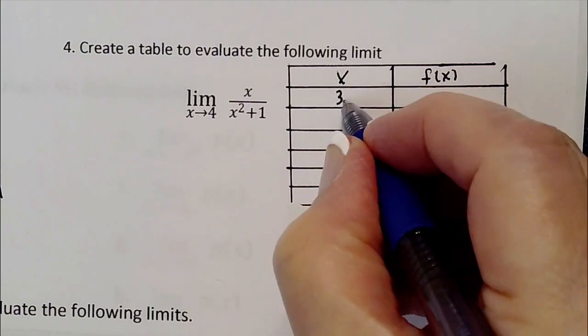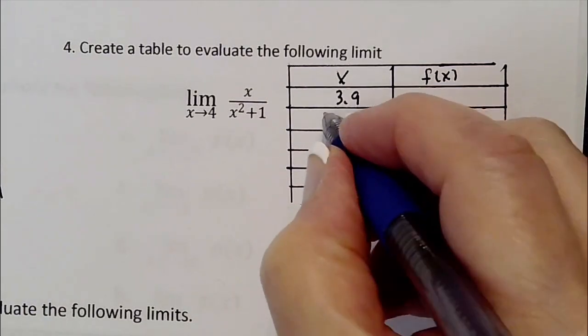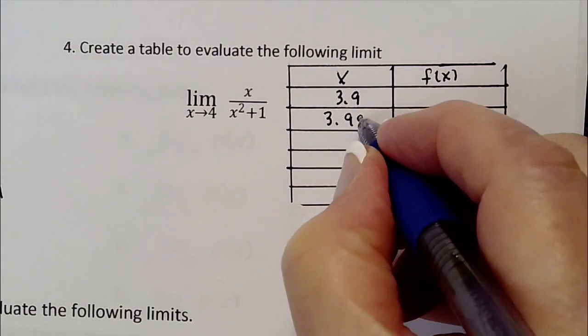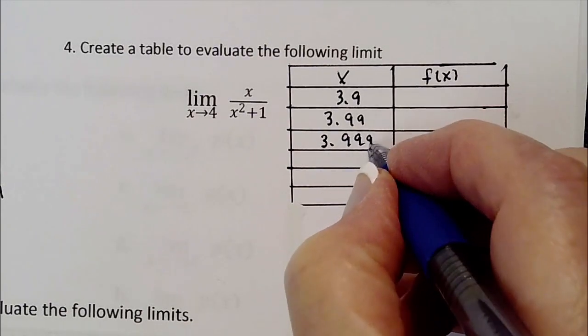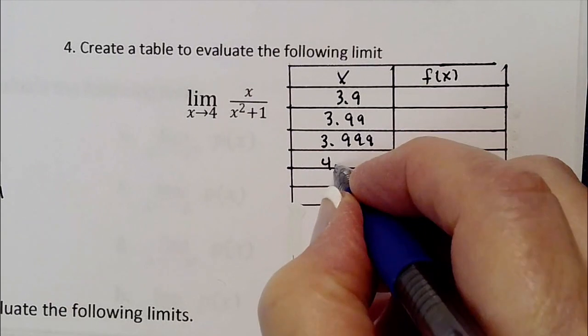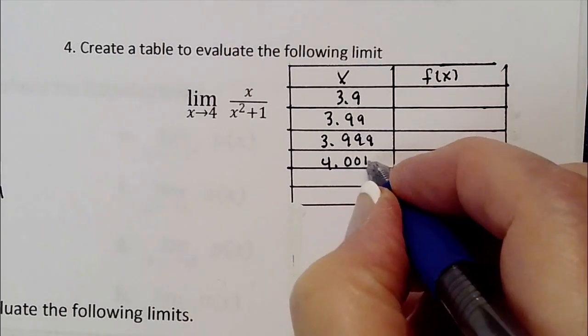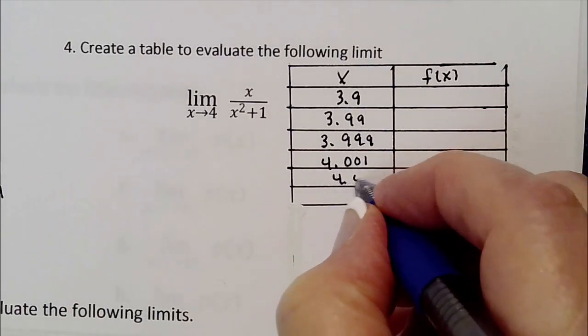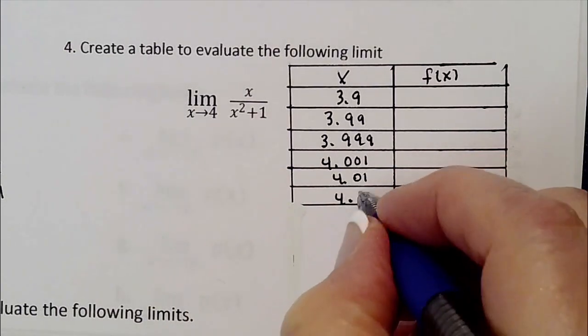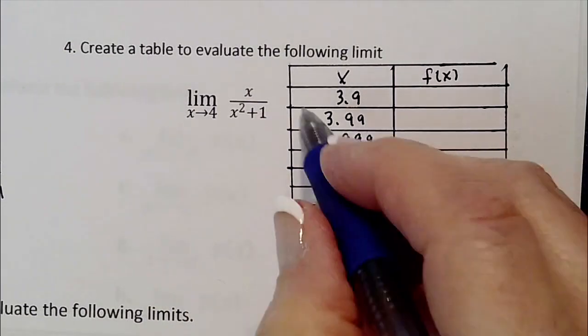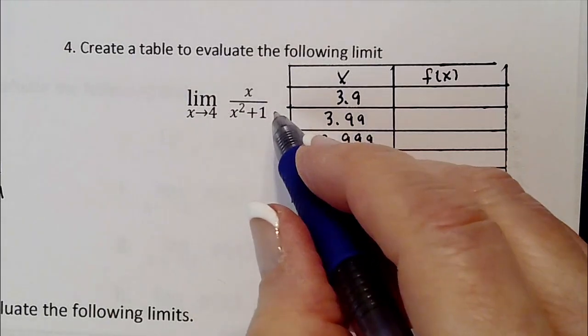So we have 3.9, 3.99, 3.999, 4.001, 4.01, and 4.1.